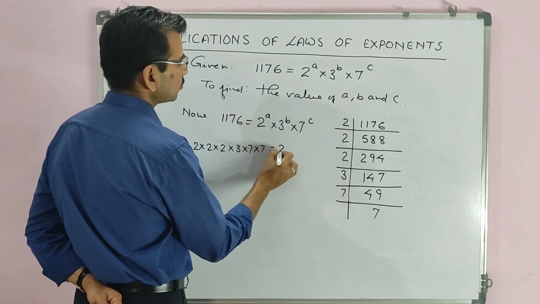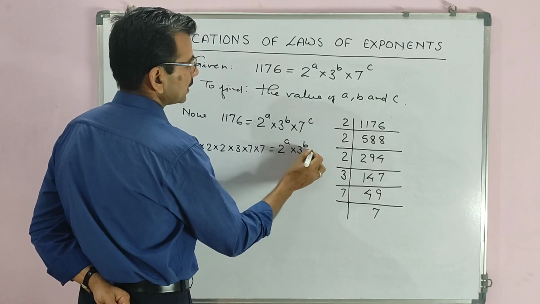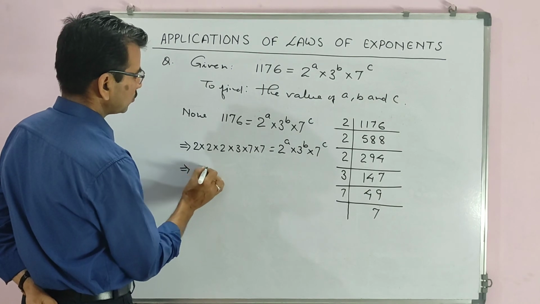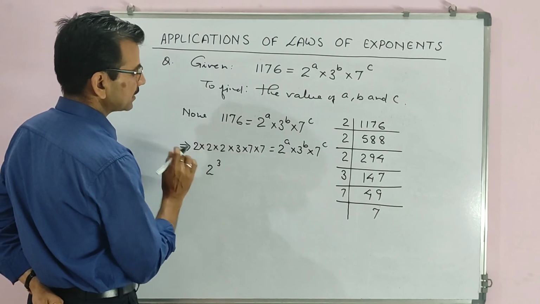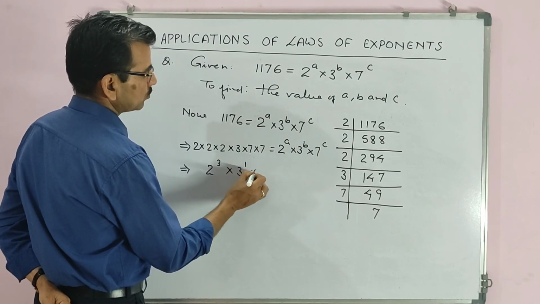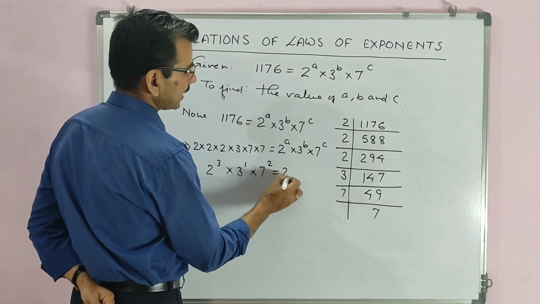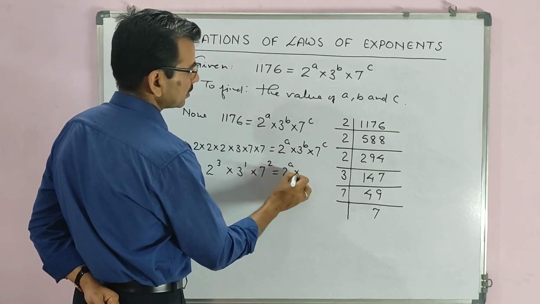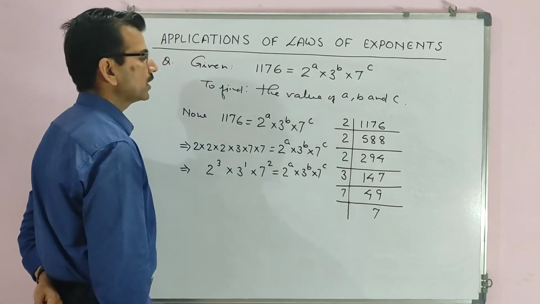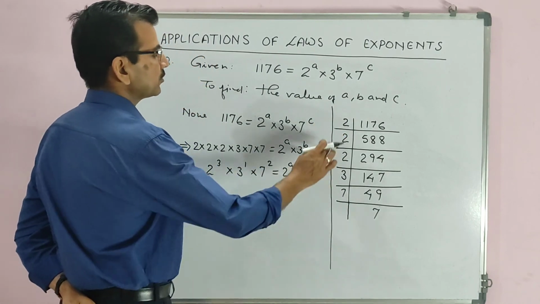This is equal to 2 raised to power a into 3 raised to power b into 7 raised to power c. Or we can write here 2 raised to power 3, because it is 3 times, into 3 raised to power 1 into 7 raised to power 2. Yes, very good. And on the other side, as it is, we carry down 2 raised to power a into 3 raised to power b into 7 raised to power c. This we can show separately to avoid confusion.